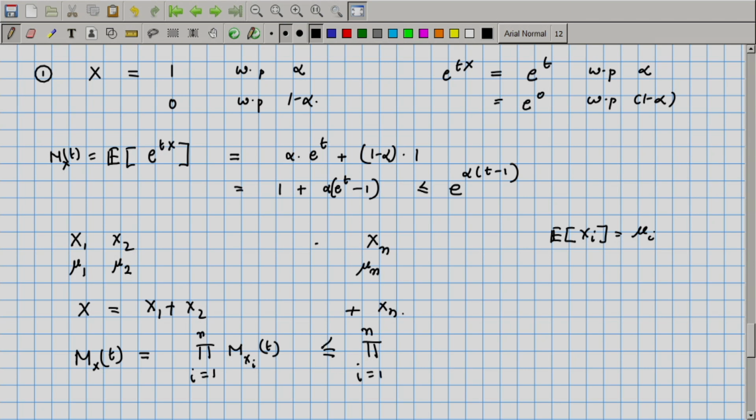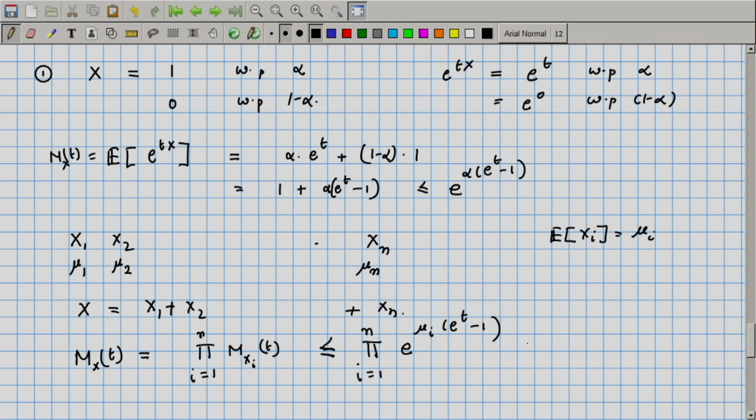So, this will be less than or equal to e raised to, so here, 1 plus alpha times (e raised to t minus 1) is less than e raised to alpha times (e raised to t minus 1). So, here this product is going to be less than e raised to, instead of alpha you have mu i, times (e raised to t minus 1).